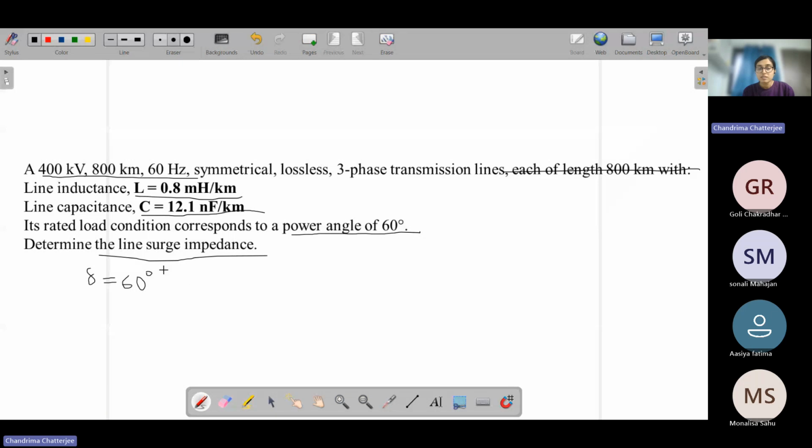This we calculated in the last class also. Surge impedance is the characteristic impedance only, but we will consider the lossless condition. So this is equal to root of L by C. This is 0.8 by 12.1.